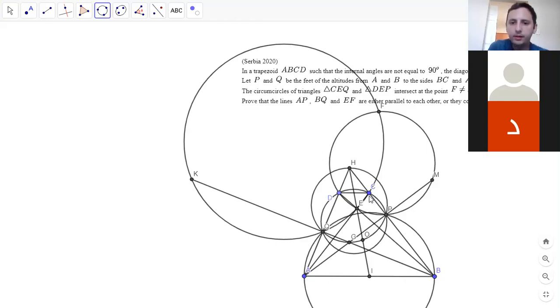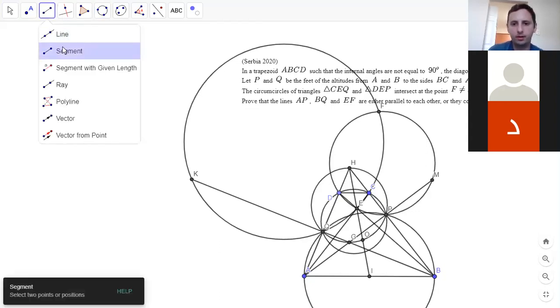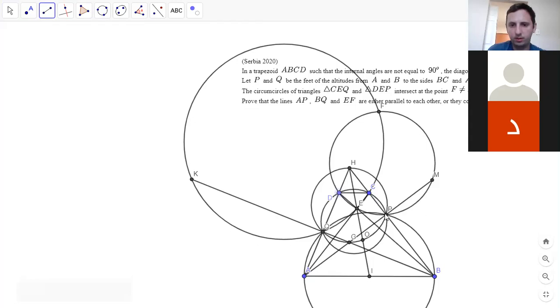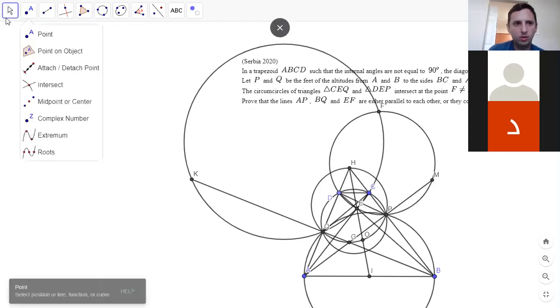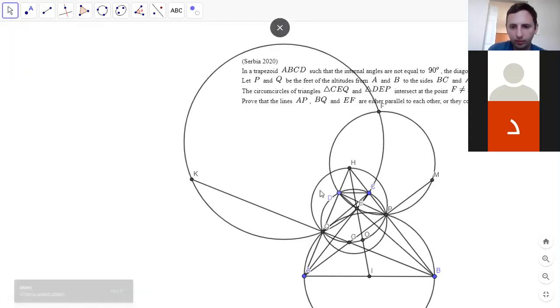So PD, CQ, and EF. Okay. And we have to just prove that GE and where the diagonals concur are concurrent. So we have to show that GE passes through that intersection point, right?